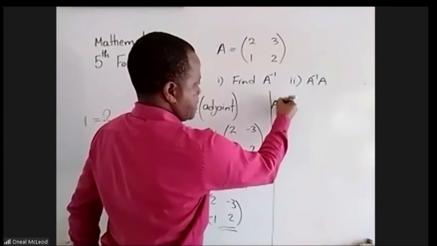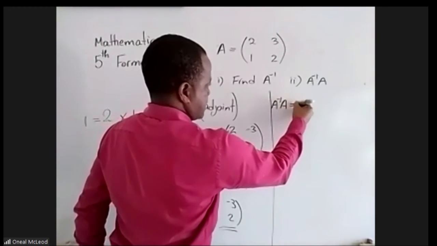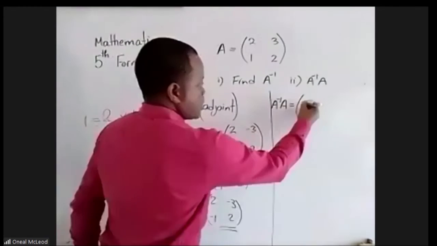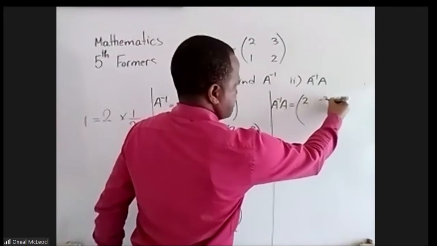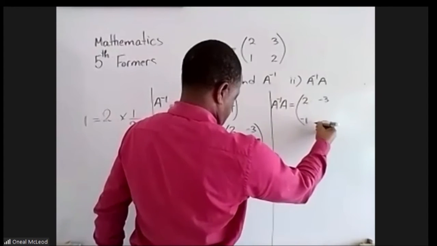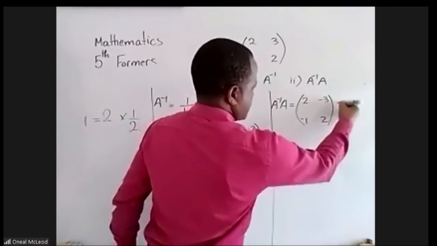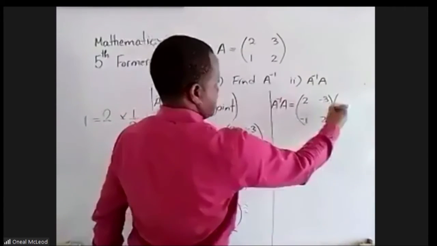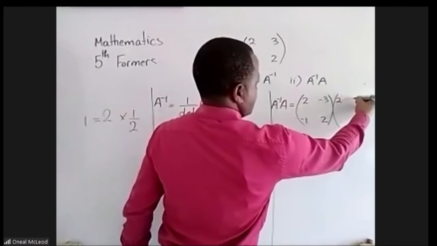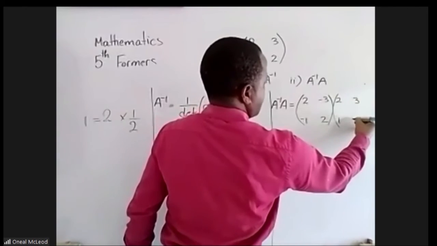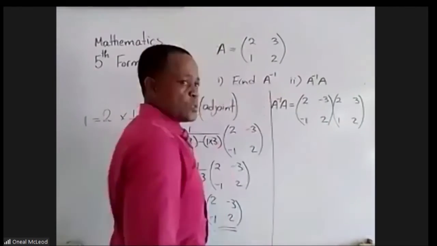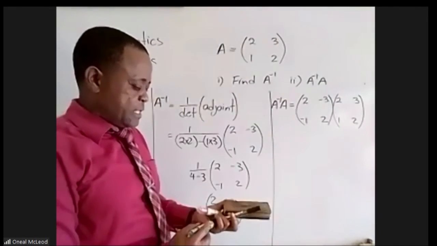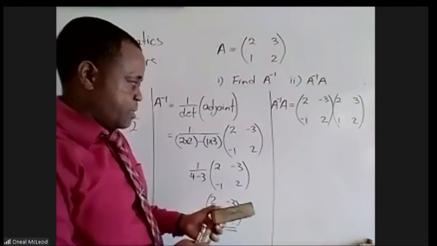A inverse times A is equal to 2, negative 3, negative 1, and 2 times A, which is here, which is 2, 3, 1, and 2. Good? So now we have the general multiplication to carry out there.